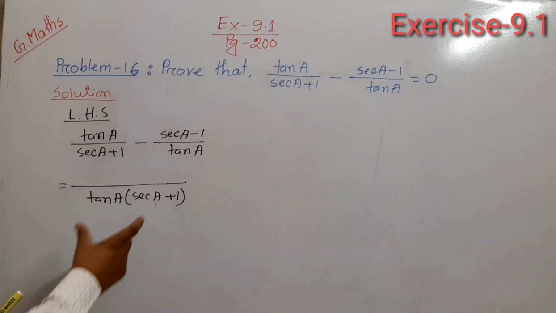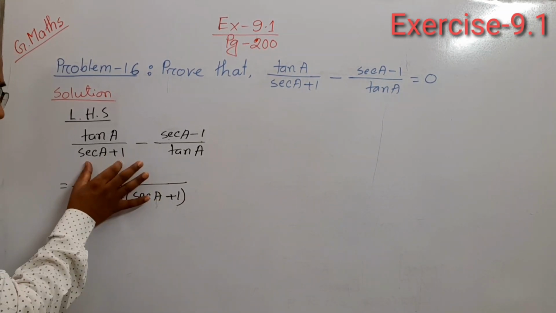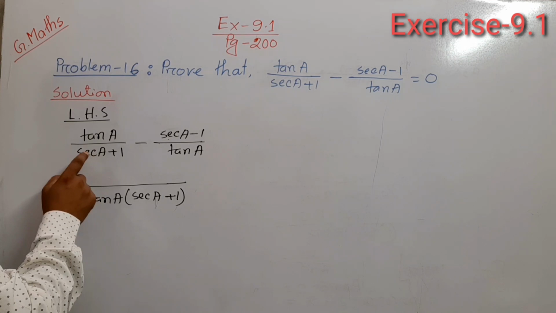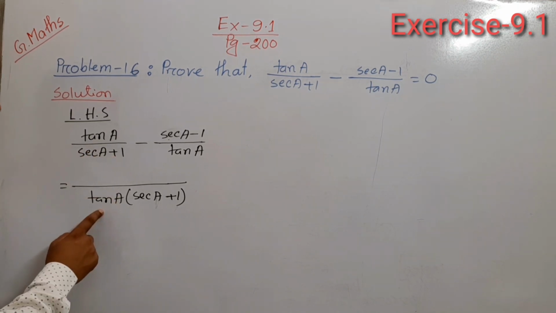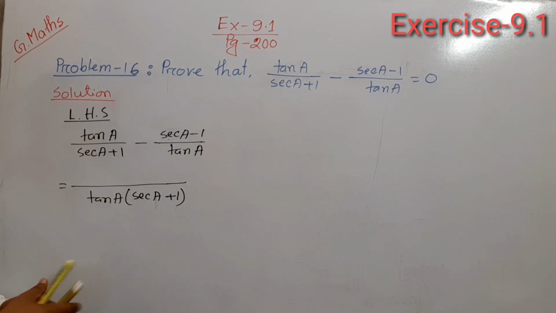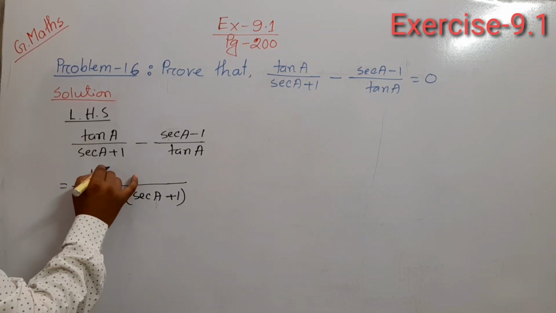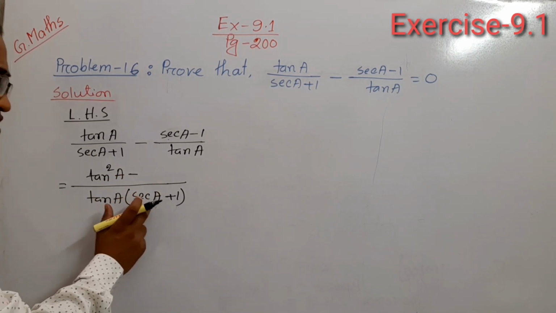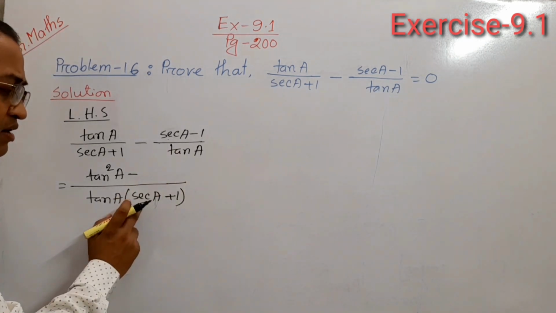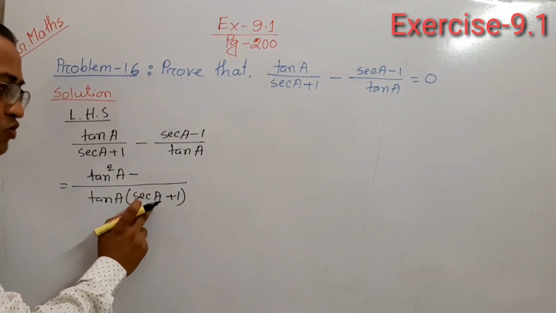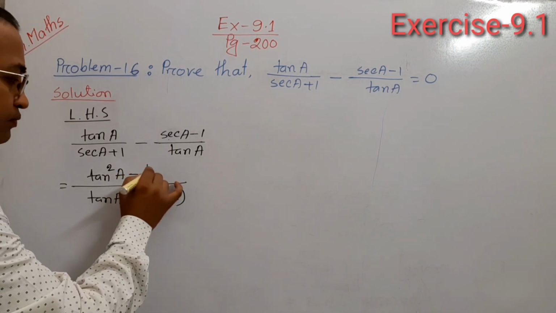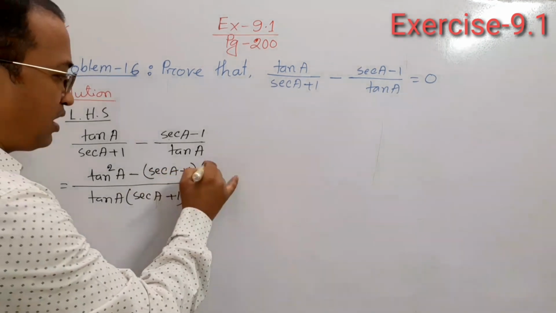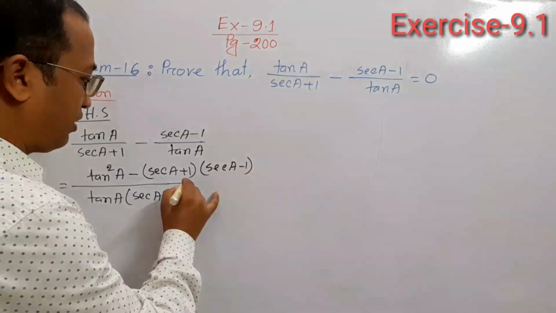If you divide this LCM by the denominator sec A plus 1, it remains tan A. So this tan A you should multiply with this tan A, it becomes tan square A. Minus, if you divide tan A into (sec A plus 1) by tan A, it remains sec A plus 1, and this sec A plus 1 multiplies with sec A minus 1.